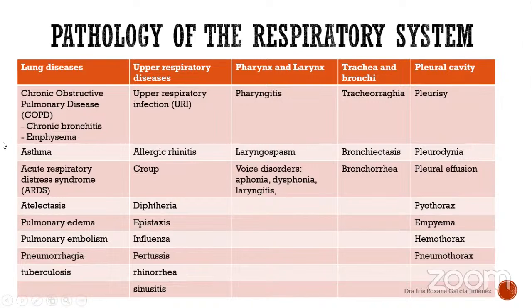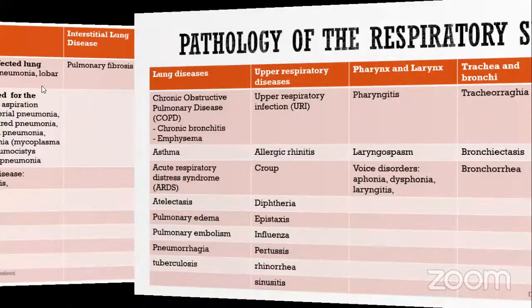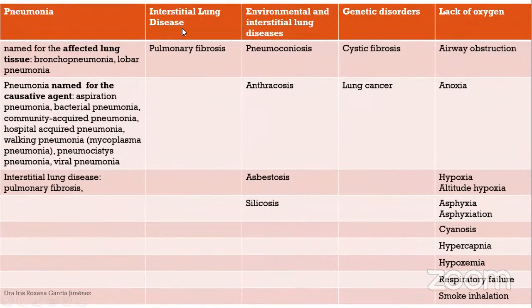Or maybe the abbreviations they are using, because these abbreviations are the key for starting to write down. We have a second chart, pneumonia, considering lots of variables, interstitial lung disease, environmental and interstitial lung disease, genetic disorders, lack of oxygen. Take this into account, okay? And practice, let's practice.